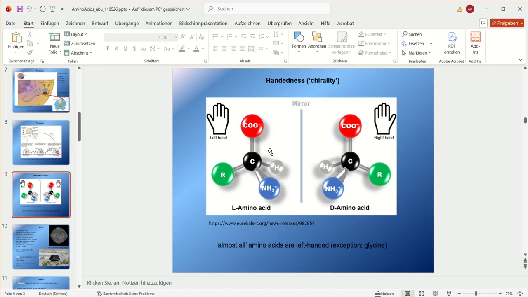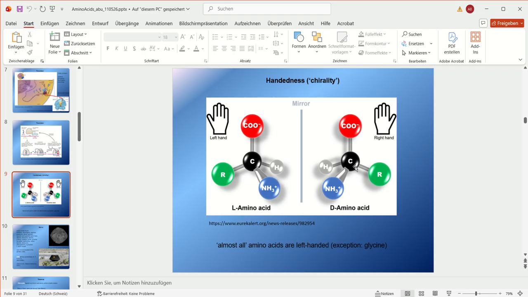Then the amino acids, most of them have two types, left hand and right hand. You could use a mirror, and then the left hand goes into right hand. This is something that shouldn't happen. But it does happen in certain special cases, but it shouldn't happen.